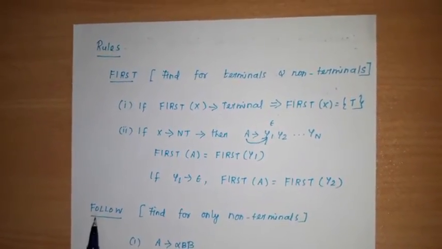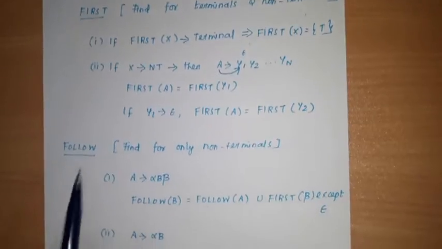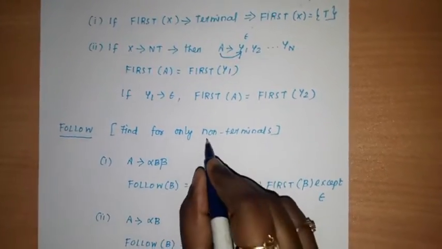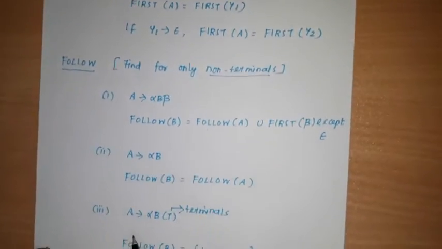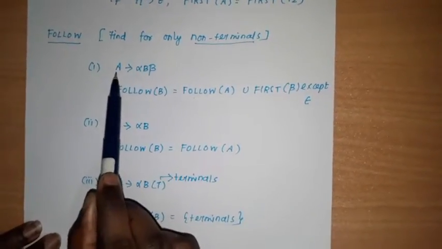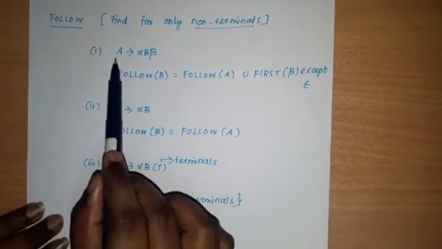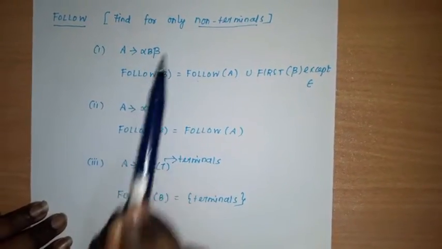Then the rules in follow. Follow is only for non-terminal symbols. There will be three rules. For example, there is a production A tends to alpha B beta.